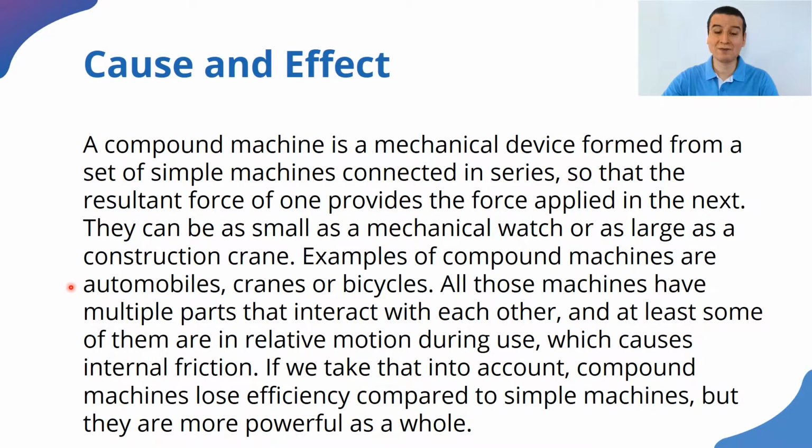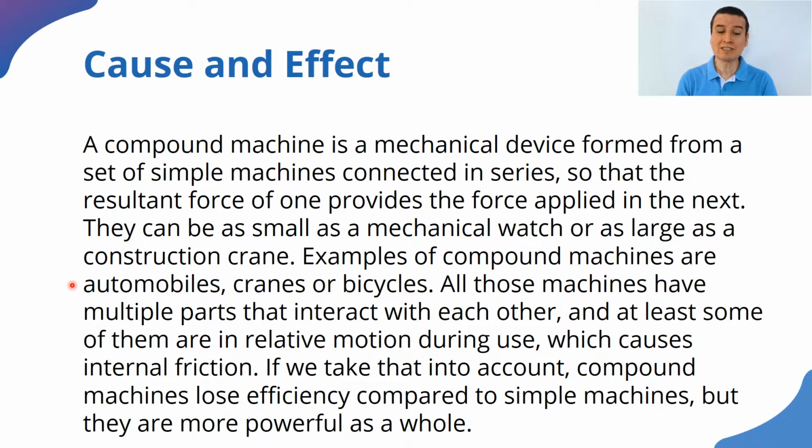We already have mentioned cranes for size, but in general, you see that an automobile is a very complex compound machine, a crane, something to do something physical, or bicycles that can provide some motion for us, make us much more efficient, and they are just examples of compound machines.